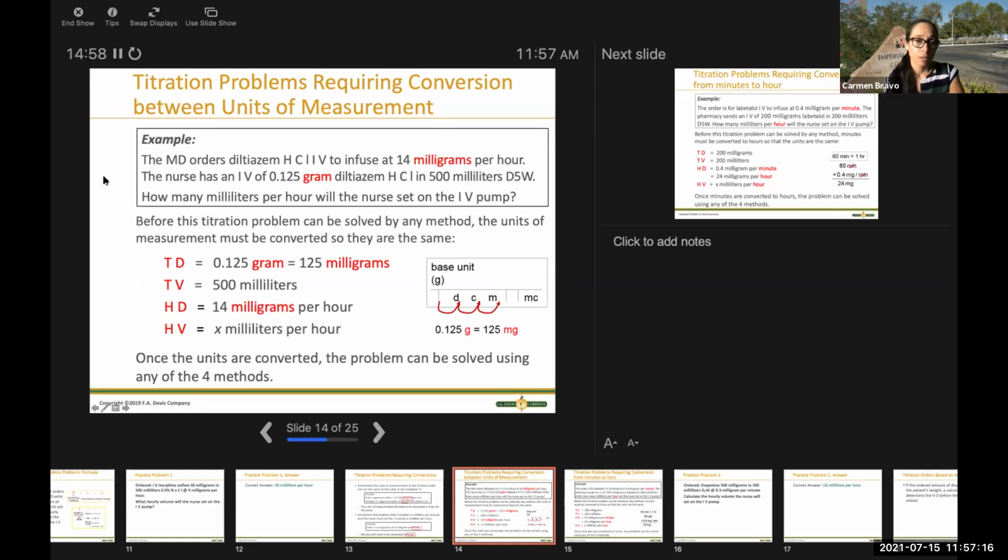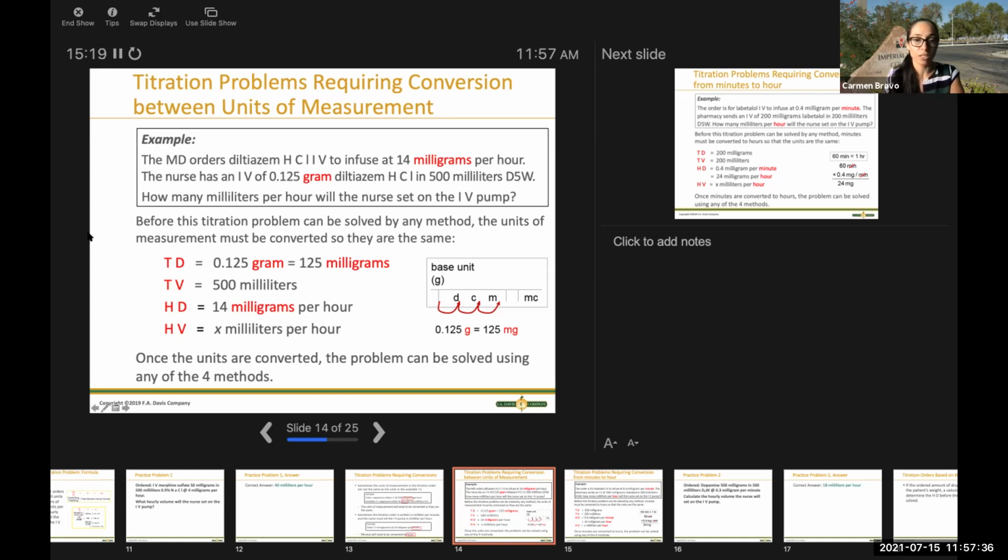So it gives you the formula. An example there says the MD orders Diltiazem, that's another heart medication, and it says 14 milligrams per hour. The nurse has an IV of 0.125 grams in 500 milliliters of D5W.